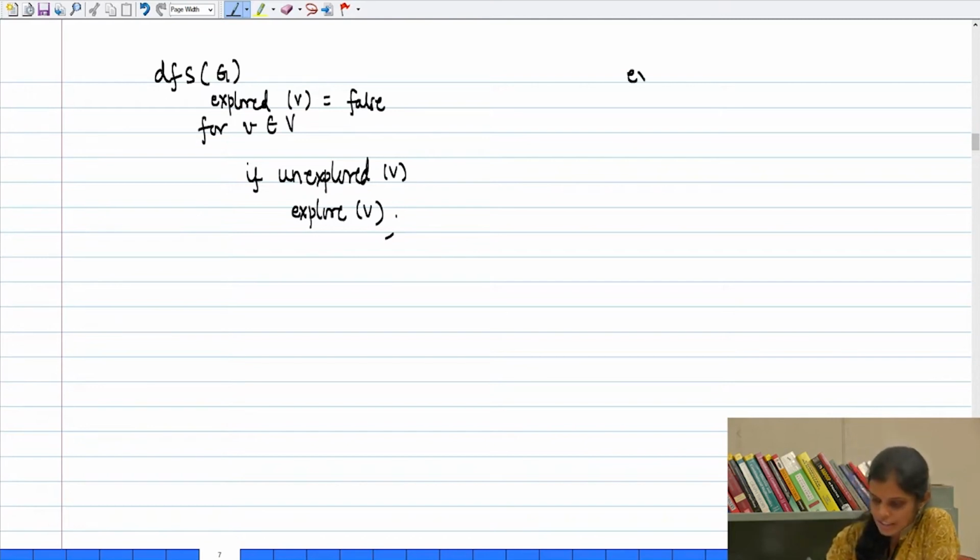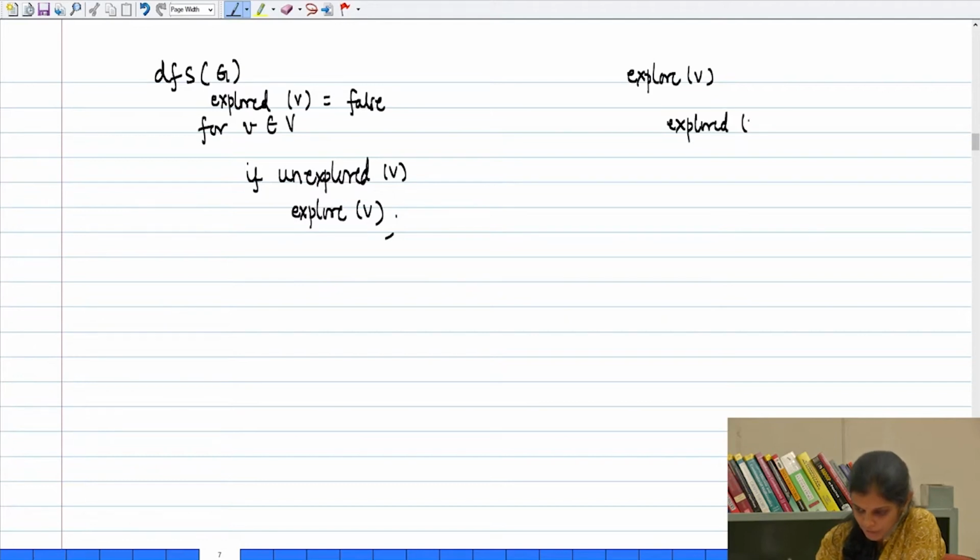So, the first thing that explore does is, explore of a vertex V. What should it do? It should set the flag explored as true, because this is the first time you are going to explore that vertex. I hope this usage of the word explore is not too much. Explored of V is equal to true, and we are also going to give a timestamp.